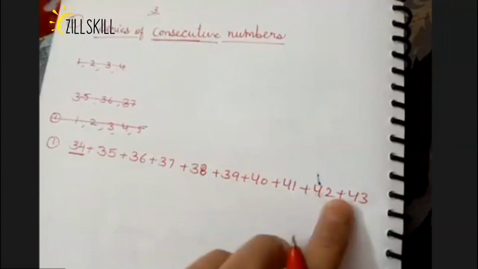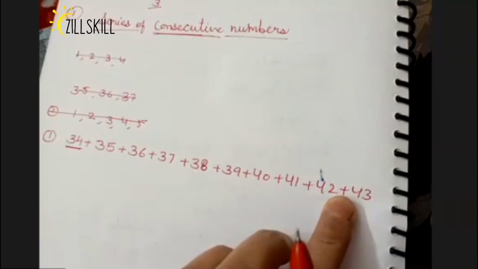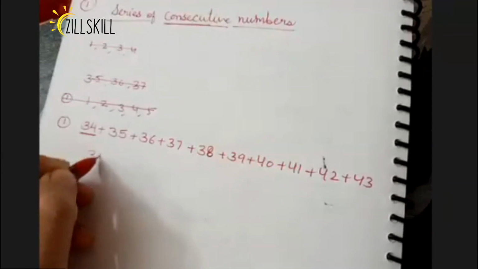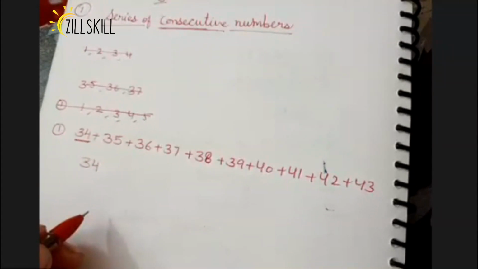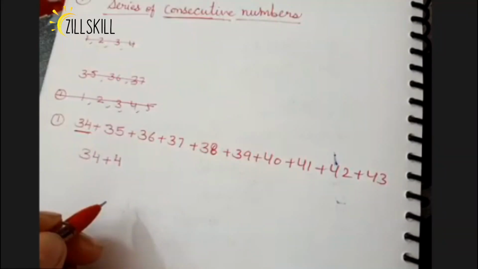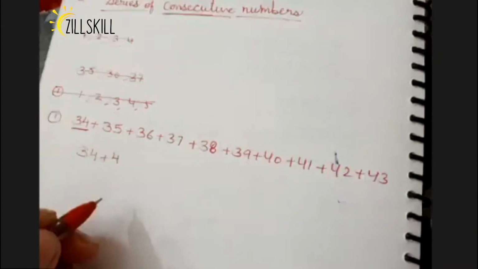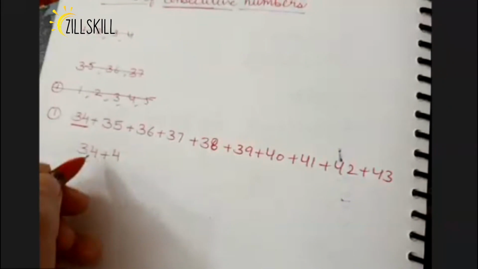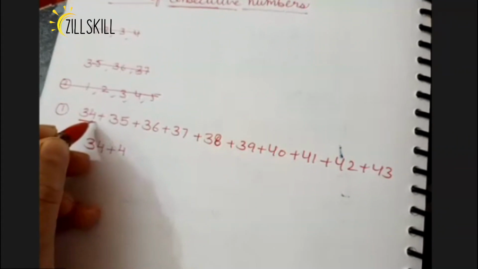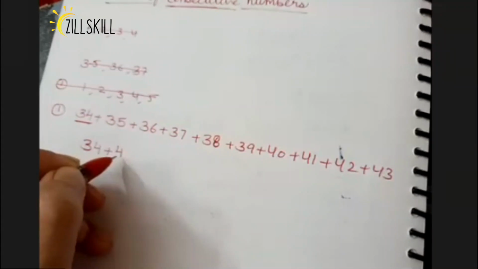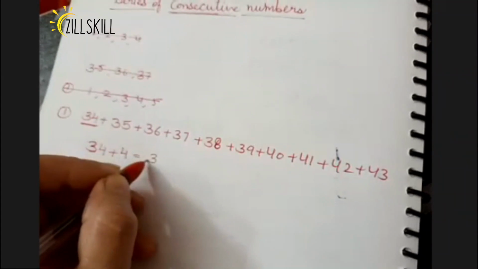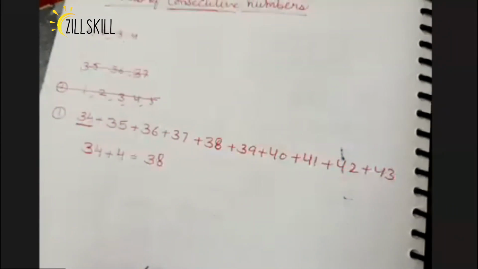This trick is applicable only when you have exactly 10 numbers, right? So take the first number and add 4 to it. The first number can be anything. Then add 4 to it, and the answer will be 38.